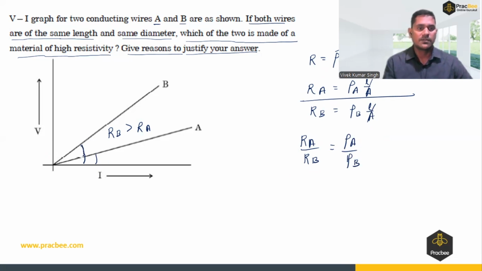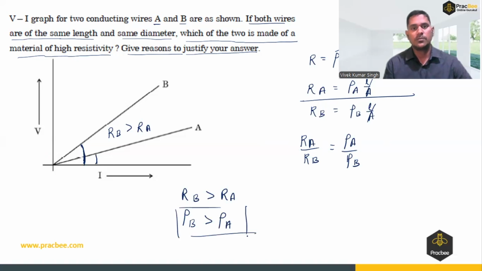From this graph, we can see that the slope of B is more than the slope of A. So R_B is greater than R_A. So we can say rho_B would be greater than rho_A. It means the resistivity of B would be more than the resistivity of A.